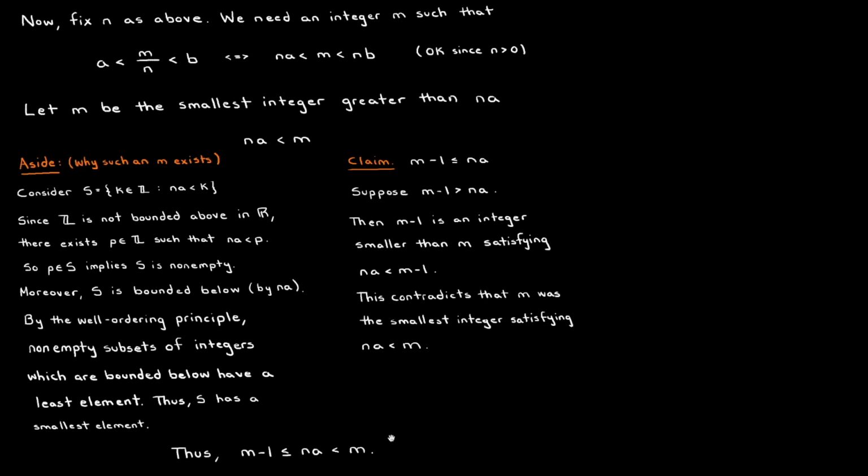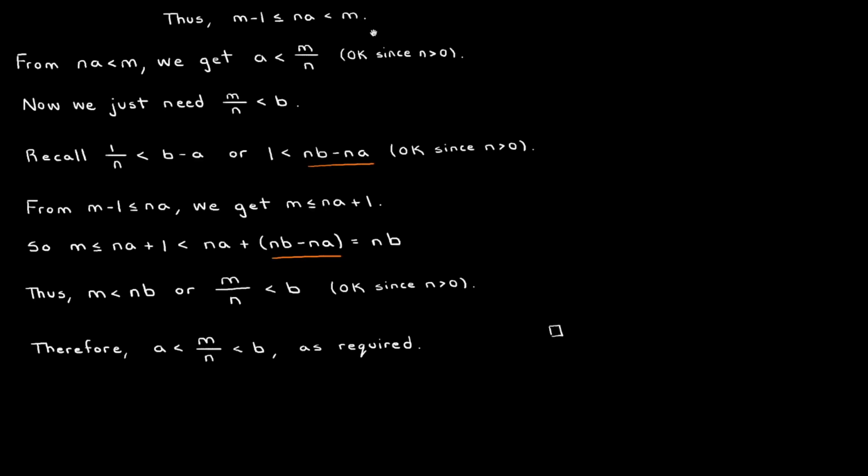Overall, what we get in the end is that m is larger than na, but m minus 1 is less than or equal to na. This statement exactly captures what we wrote above in words, that m is the smallest integer, or the first integer, larger than na. Now we can use this established relationship to finish off the problem.